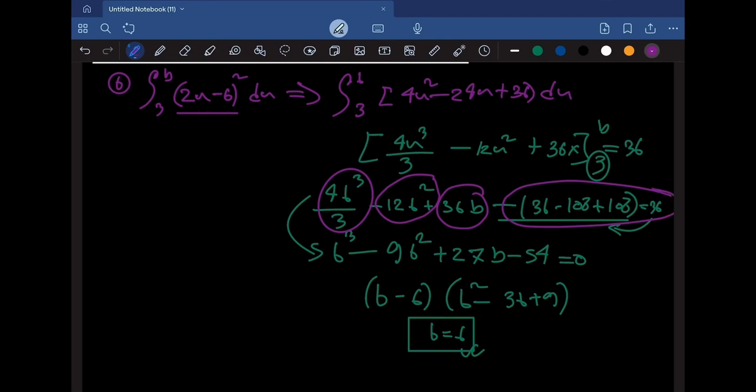When you bring this 36 here, it all together becomes 72, and when you divide it by 4 by 3, it becomes 54. This is how we have converted this line into this line. Hopefully you guys have understood them completely.